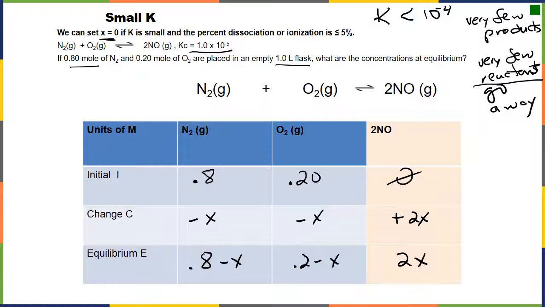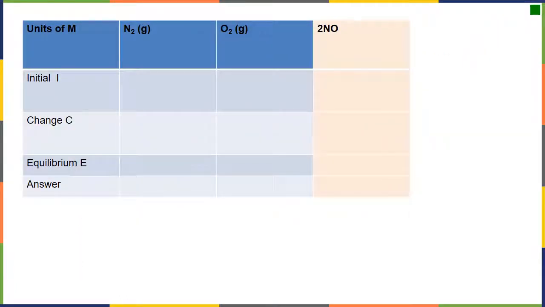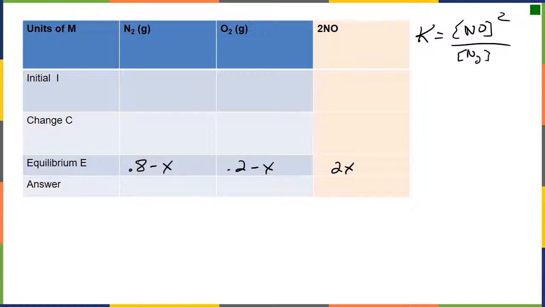So let's consider the math. Again, here we have 0.8 minus x, 0.2 minus x, and 2x. And we know that our K is going to equal the concentration of NO squared over nitrogen times oxygen. Our value of K is given as 1.0 times 10 to the minus 5.